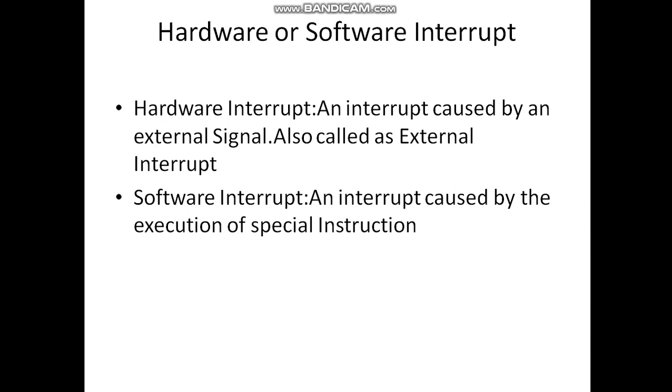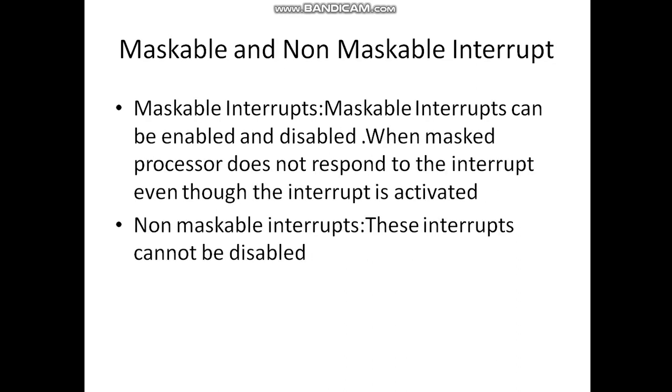This software interrupt occurs because of the execution of certain instructions in the program, maybe like INT 3h or continuously monitoring JNB, or suppose in the microcontroller there is an overflow, in that case the microcontroller gets interrupted. Such interrupts are called software interrupts.